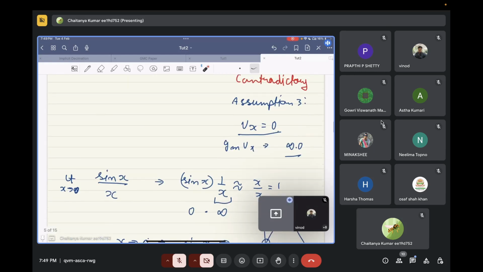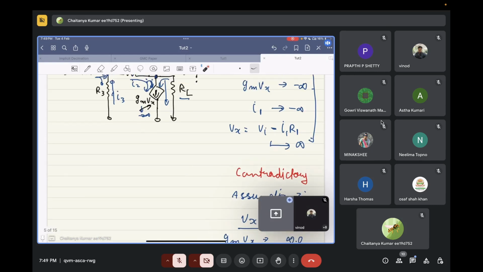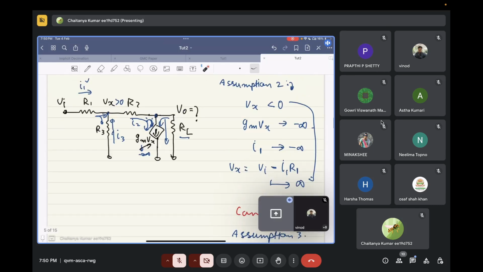So any controlled source, either VCVS, VCCS, CCCS, or CCVS, which has the gain tending to infinity, if you can figure out that the circuit is in negative feedback, the controlling terminal will be equal to 0. Was my statement understood? Yes, sir.